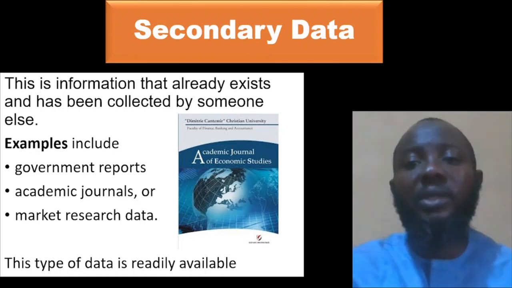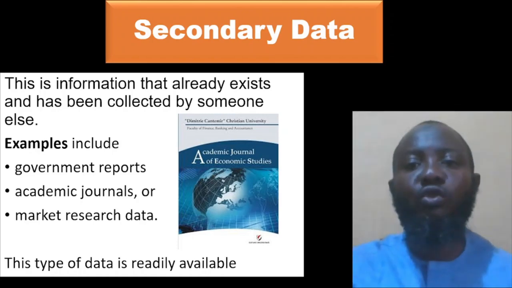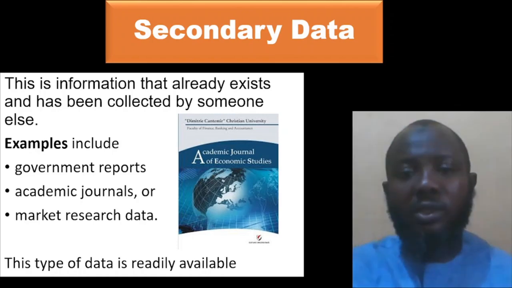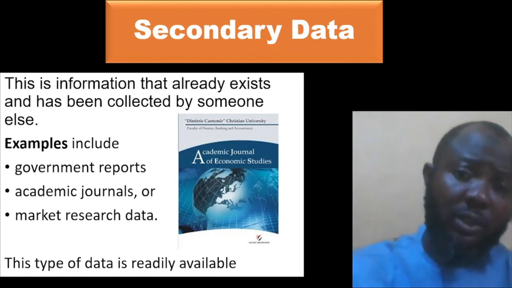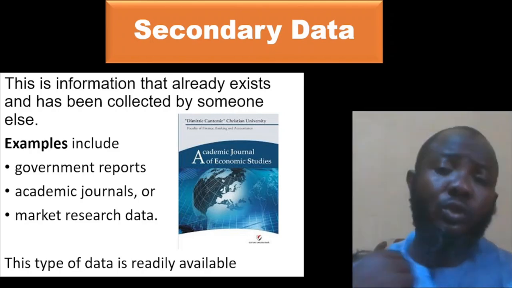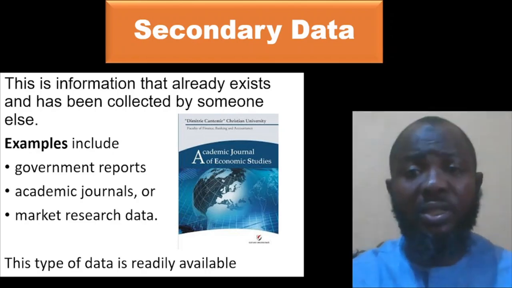So you and I use it to conclude or to make decisions. Such a form of data is what we refer to as secondary, because it is not your own. You use someone else's information to make decisions.